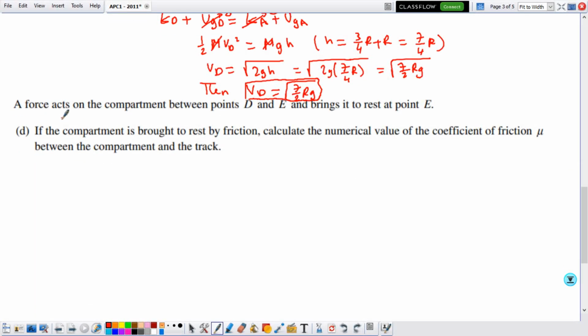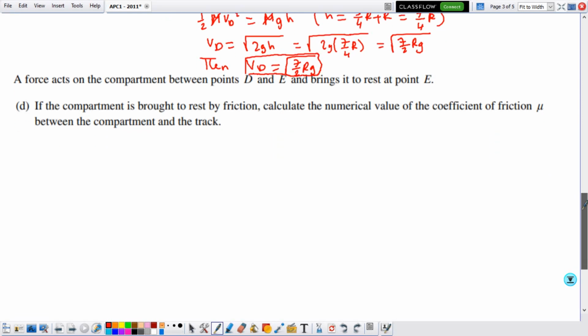Now in the following part, before we reach part D, they are stating the following: a force acts on the compartment between points D and E and brings it to rest at point E. Now here, which force might be responsible for this stopping?